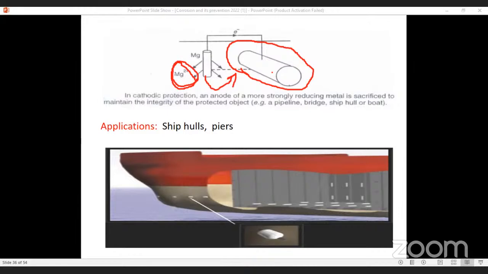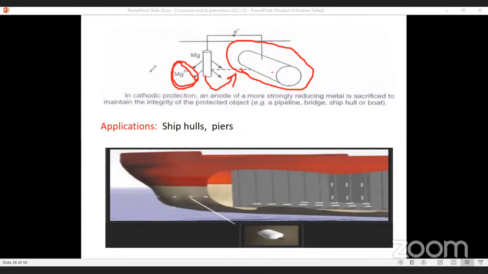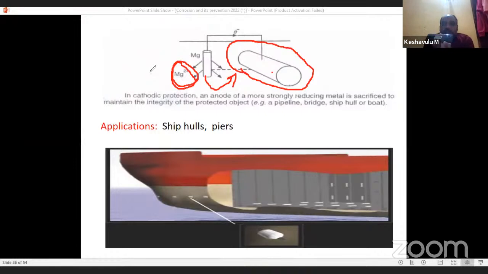Just take iron metal. For example, this is the metal, and we are going to protect its surface area.